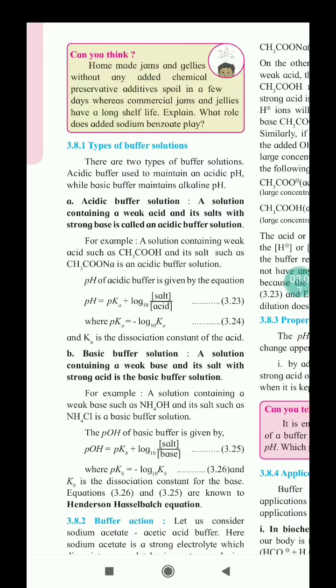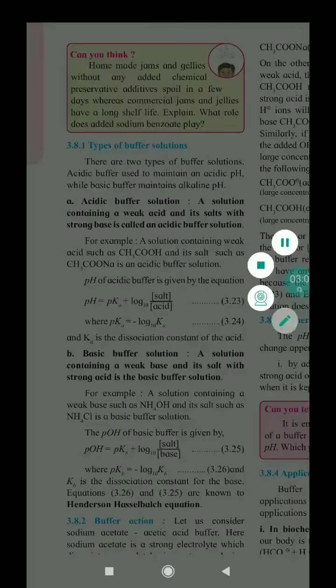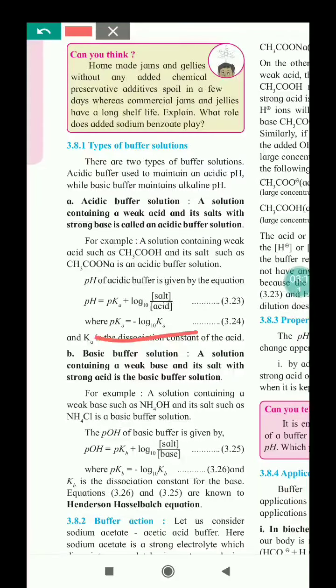pKa means minus log to the base 10 of the Ka value. So pH is equal to pKa plus log to the base 10 of the concentration of salt divided by the concentration of acid.